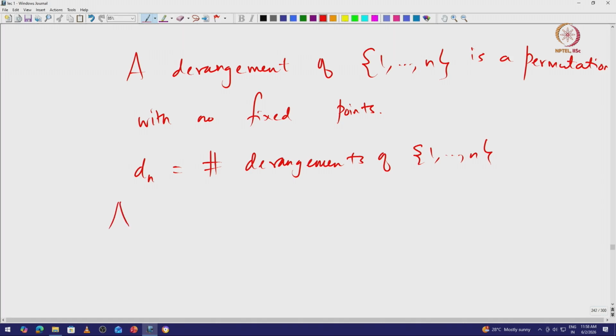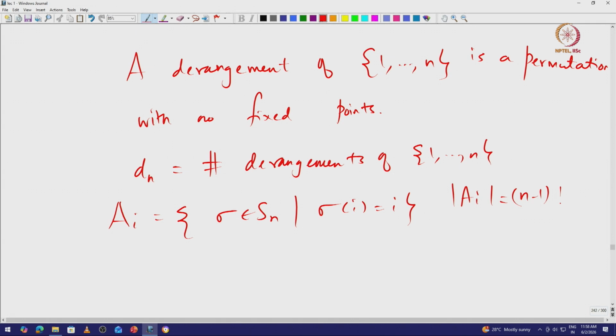Let us denote this Ai. This is the set of permutations such that sigma of i is i, and it is not hard to see the cardinality of Ai will be exactly n minus 1 factorial, because it fixes i, and you are allowed to permute all the other n minus 1 elements.